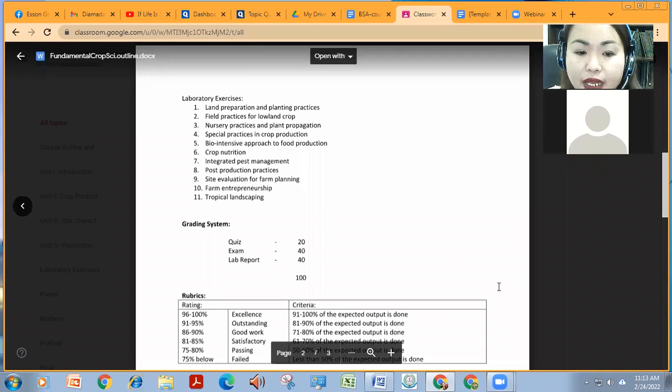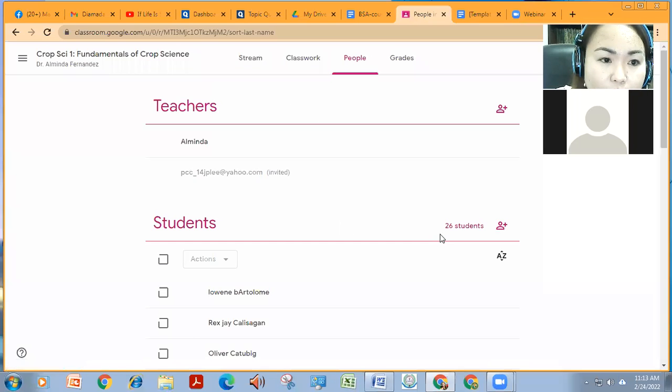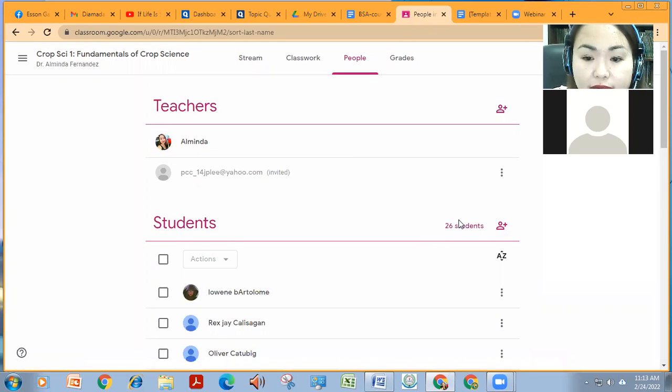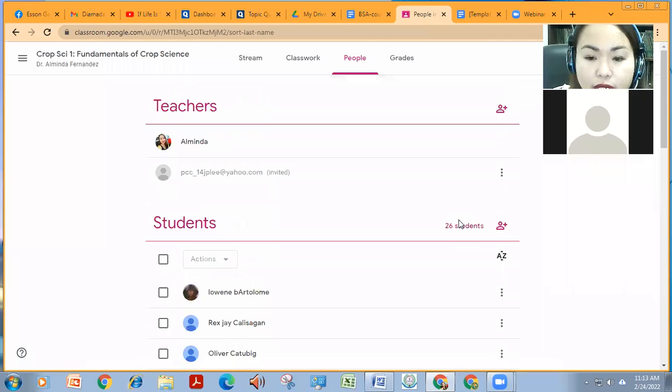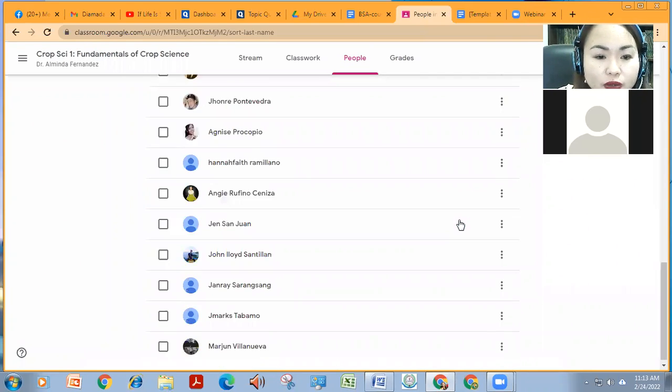And again, you can submit your mga requirements through here, no? So I guess marami na rin ang nakapag-in, 26 students minus kasi may mga old student ako dito. So most probably minus 3, so meron tayong 23 students na nandito, no?